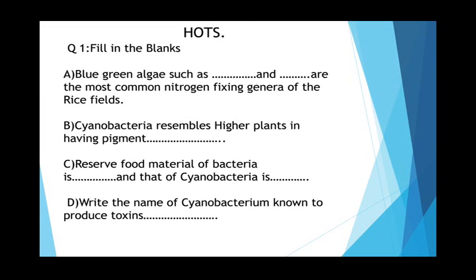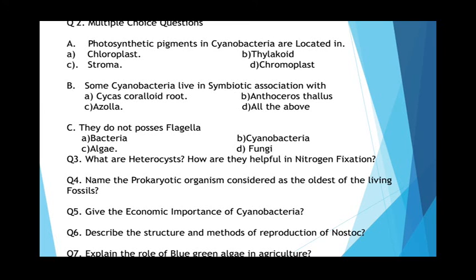So reserve food material in bacteria is glycogen and that of cyanobacteria is cyanophycean starch. I have told you in the previous slide. Next is, write the name of a cyanobacterium known to produce toxins. So Oscillatoria, it secretes toxins.